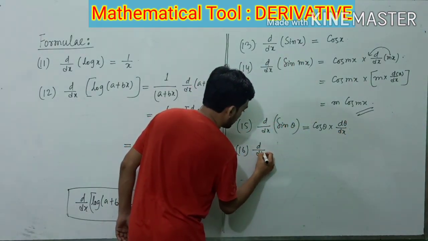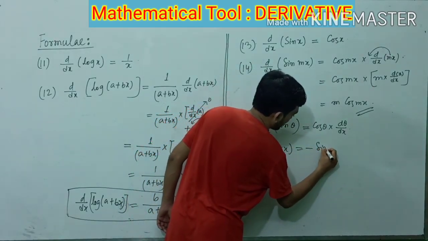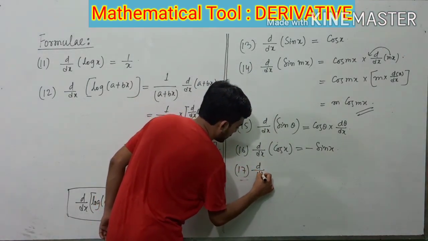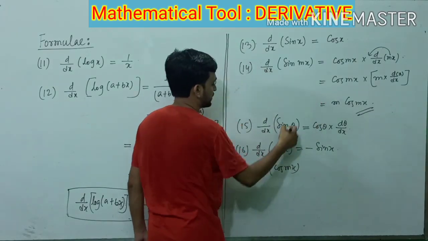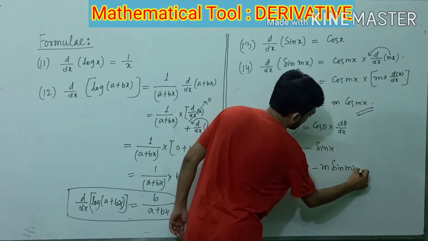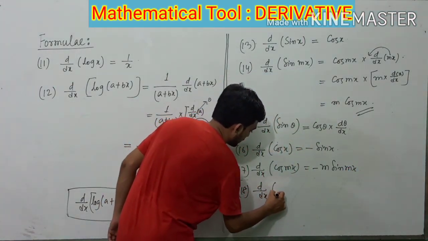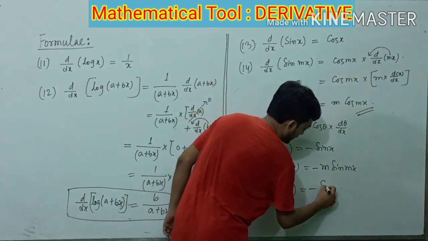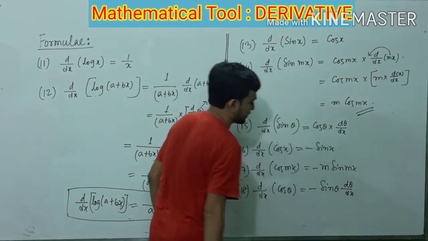16, d/dx of cos x, it will be minus sin x. 17, d/dx of cos mx, just like this we have to write minus m sin mx. 18, d/dx of cos theta is equal to minus sin theta d theta by dx.